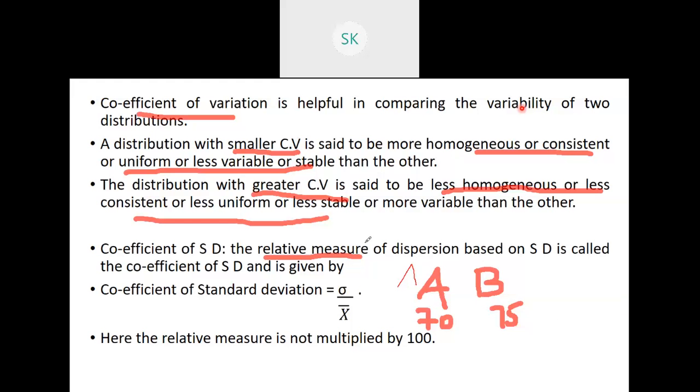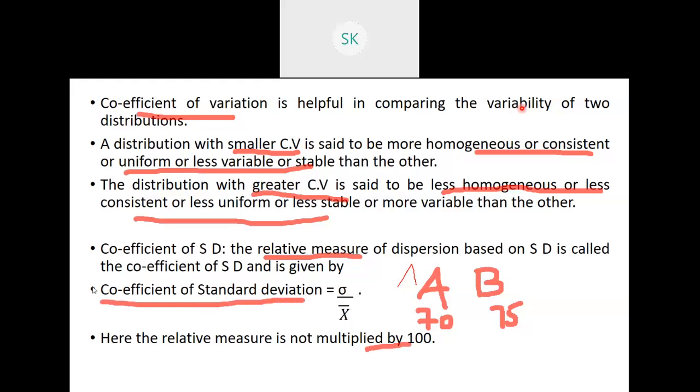Absolute measure is where they talk about particular things. Relative measure is in the form of percentage or ratio. The relative measure of dispersion based on standard deviation is called coefficient of standard deviation. We find standard deviation divided by mean, x bar is mean. But here in coefficient of standard deviation, we are not multiplying it by 100.